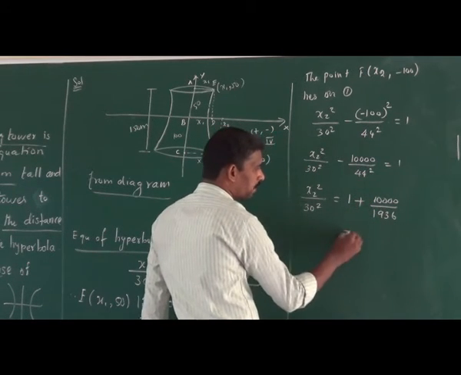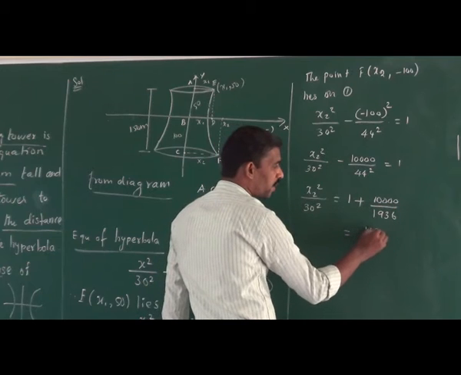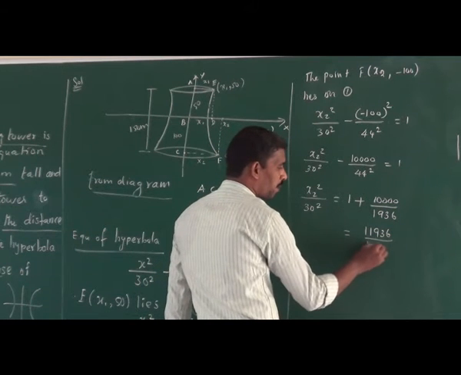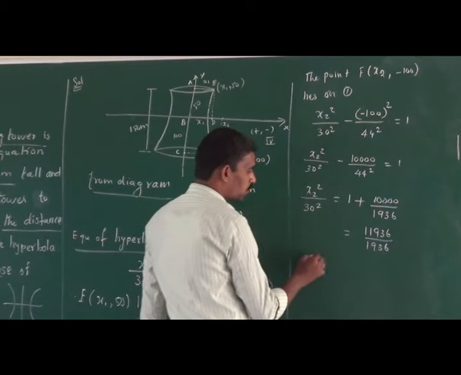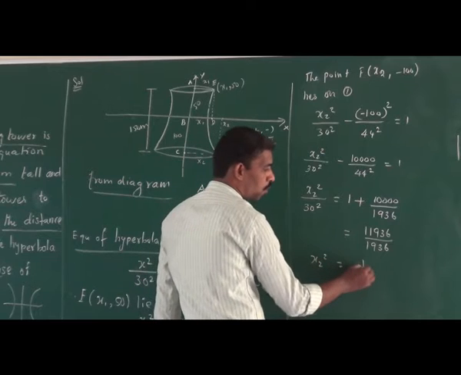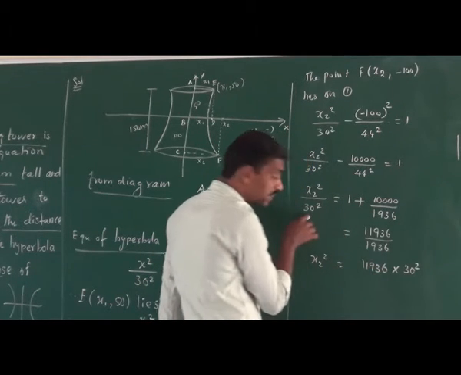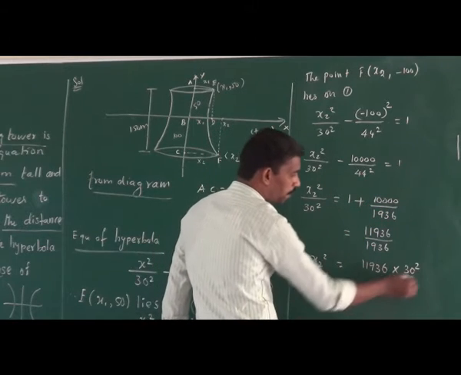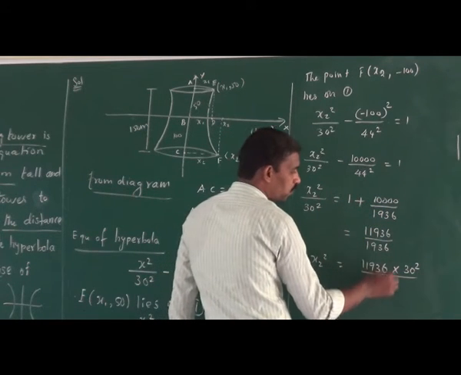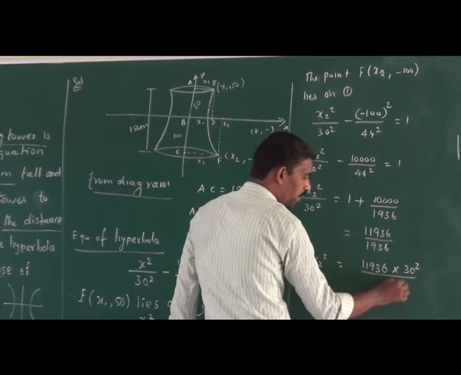So cross multiply this one, we are getting simplified 11936 divided by 1936. So we are taking x2 square is equal to 11936 into 30 square, because this divide 30 square goes to right side, multiplied, divided by this 1936 is nothing but 44 square.